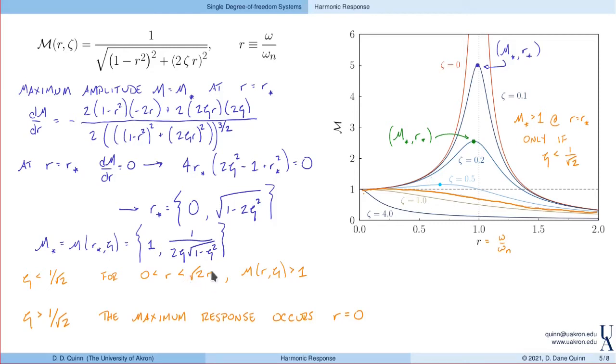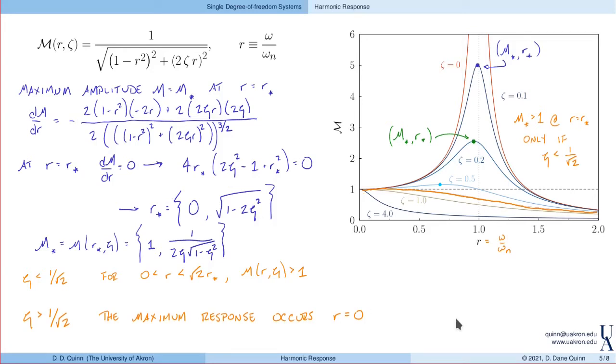And low enough here means square root of 2 times this value. But if the damping is large, then the response amplitude to this dynamic forcing always drops, right? So as we increase the forcing frequency, the response amplitude just continues to decrease.